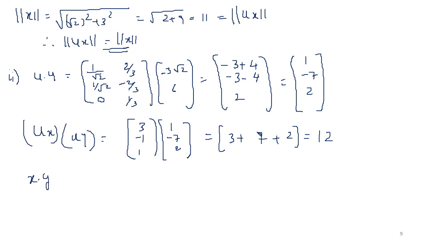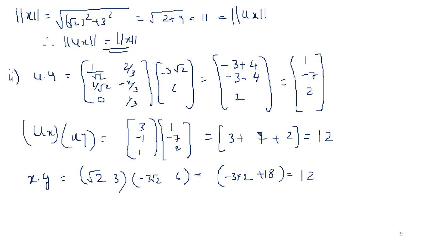So x into y is the square root of 2 into 3 into minus 3 square root of 2, 6. If we multiply this, we get minus 3 into 2 plus 6 into 3, 18, which is equal to 12. So therefore we can write Ux into Uy is equal to x into y. Hence the second condition is proved.